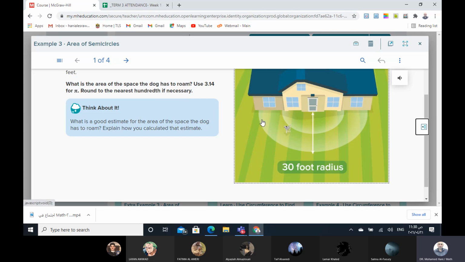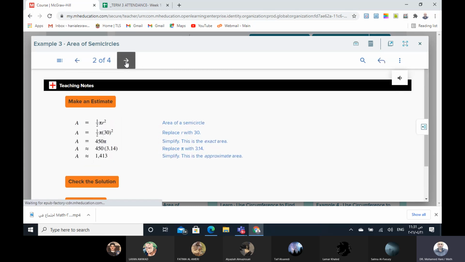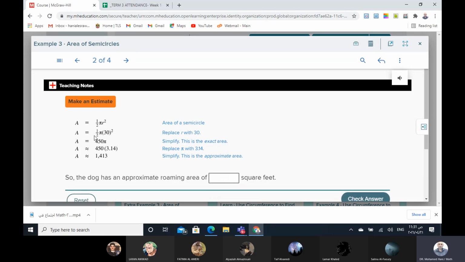As you see here, we have the big semicircle, and here this is the radius. So the radius will be 30 foot. So what do I do to find the area here? Start from the formula. The formula of the semicircle, A equals 1 over 2 times pi times r squared. 1 over 2 times pi, and the radius will be 30 squared.